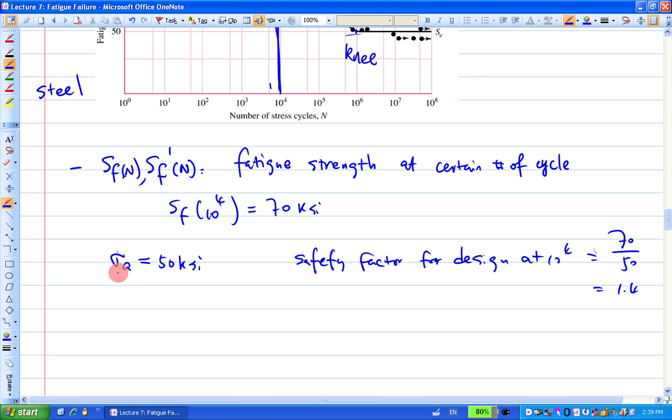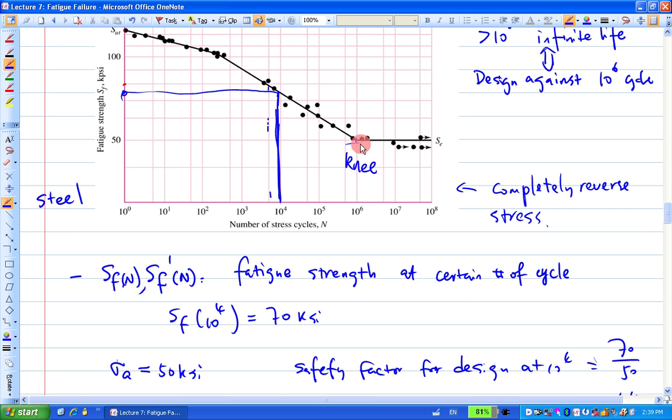You also need to understand that this diagram is completed based on a completely reversed stress or loading. So that's SF. Then similarly, you have this SE or SE prime here. SE is the value corresponding to this knee point.